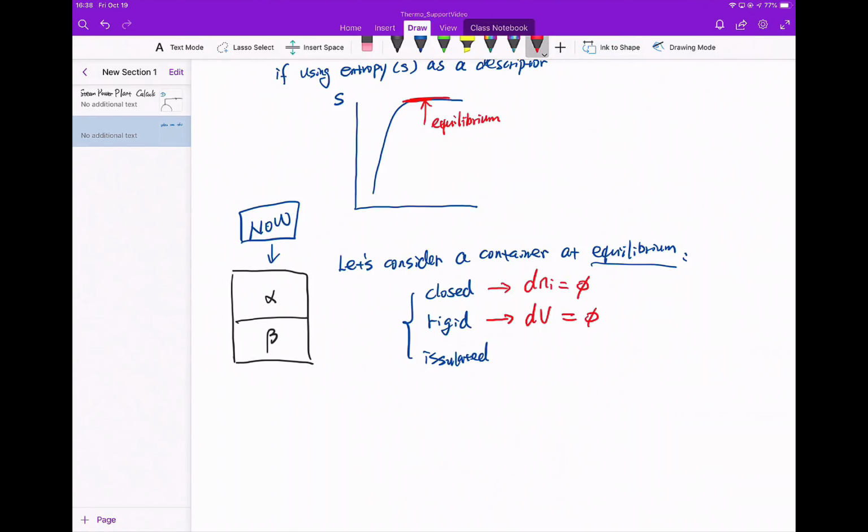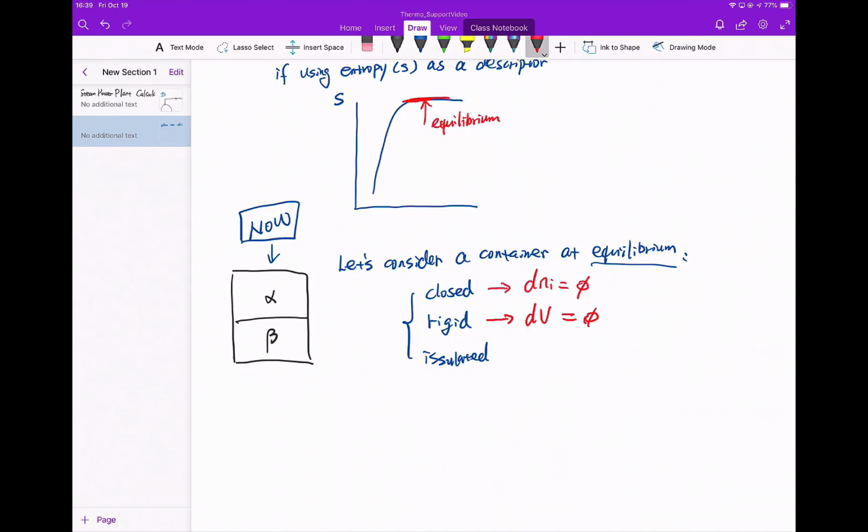Otherwise, if the volume itself is changing, then we are going to change temperature or pressure, and different molecules at slightly different distances will have a different increase or decrease of the molecular interactions. So there you are going to induce a new driving force. So we need to satisfy dV is 0.